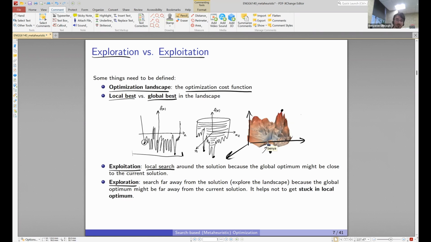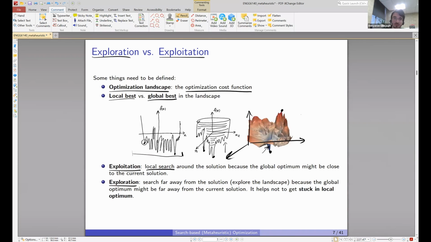But exploration says, what if we have found a local minimum, a local good solution, and if we search around it, we will get stuck in the local minimum? Getting stuck in the local minimum is a common issue in metaheuristic optimization algorithms. In this case, we need exploration.